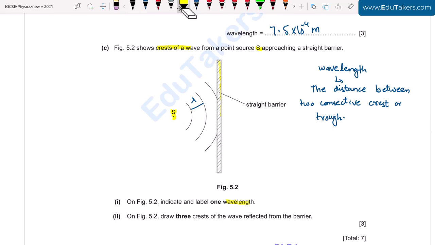Part 2. On figure 5.2, draw three crests of the wave reflected from the barrier. So we have to draw the crests that were reflected by the barrier, and the barrier is a denser medium. Its density is very large. So when the crest falls on this, its direction will be opposite, but its wavelength remains the same. So when I draw the reflected crests of the wave, it will be just like this.